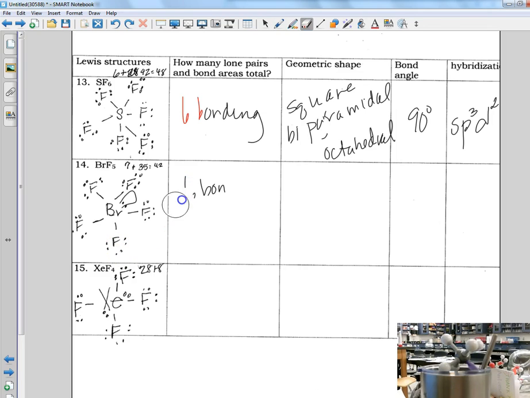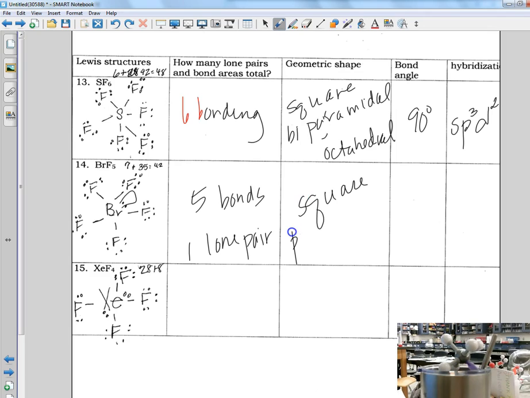Well, 5 bonds, sorry, and 1 lone pair for a total of 6. All 90-degree angles, sp3d2.